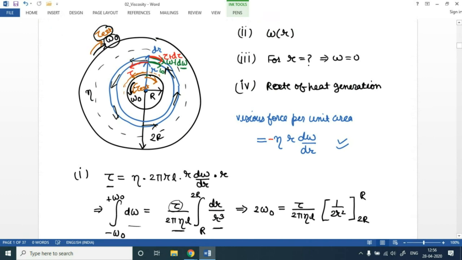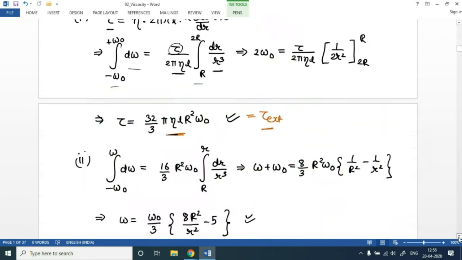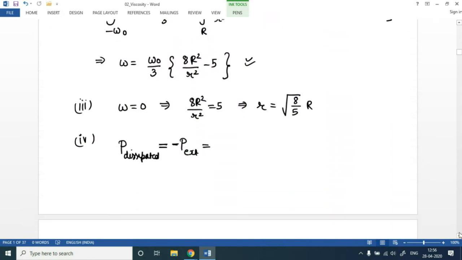When we are trying to find the work done by the external agent, the rate of work done is basically tau dot omega. So this would be simply tau omega naught on the inner cylinder, and tau external into omega naught on the outer cylinder.